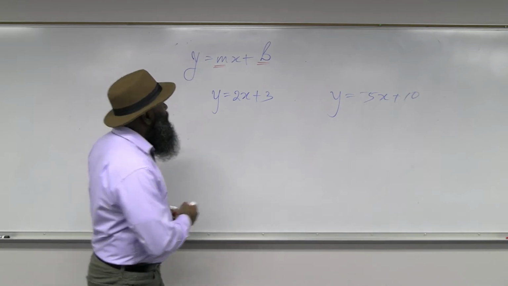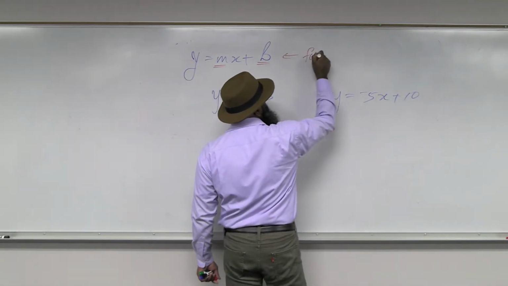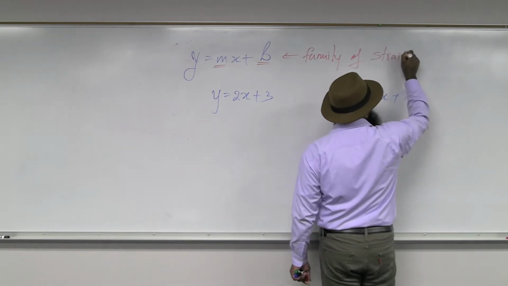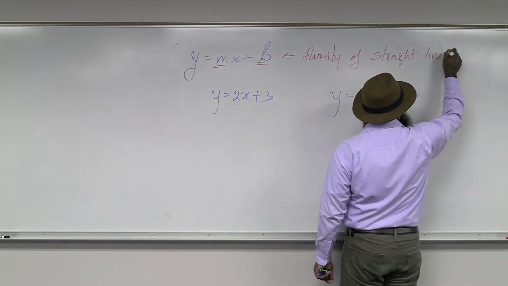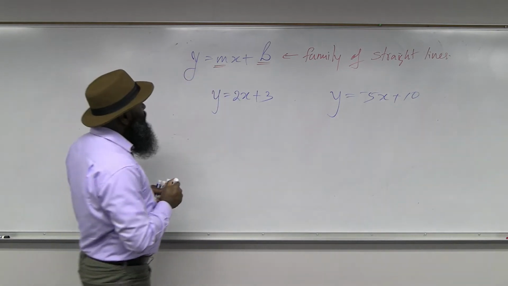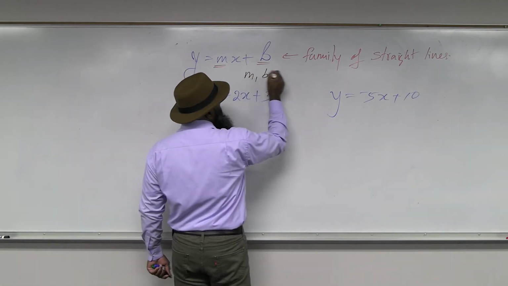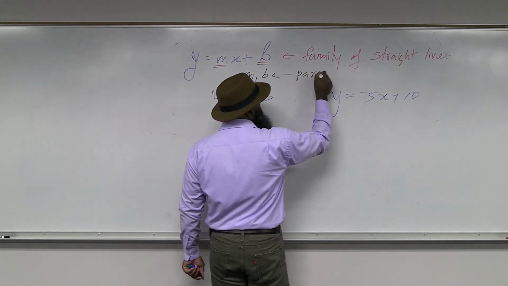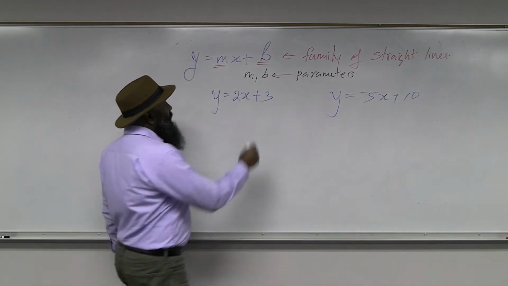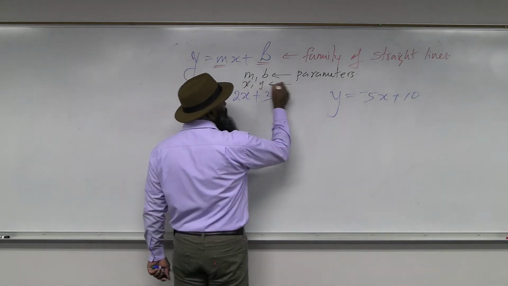Now, this is the family of straight lines. And like I said earlier, m and b are parameters. They are called parameters. X and y are called variables.